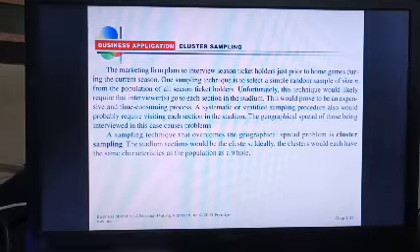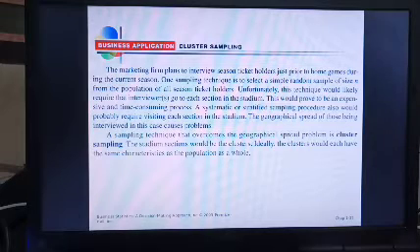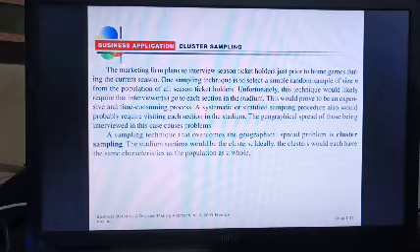So a sample technique that overcomes the geographical spread problem is cluster sampling. The stadium sections would be the clusters. So they could divide the stadium into different clusters. And ideally, the clusters would each have the same characteristics as the population as a whole.